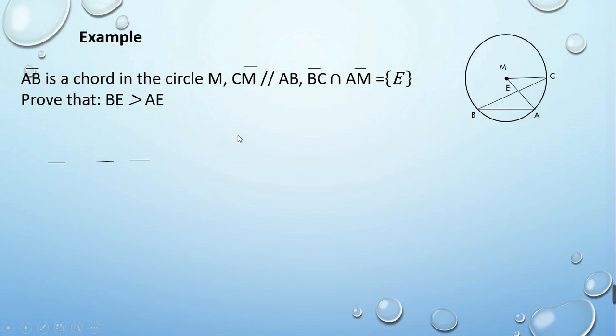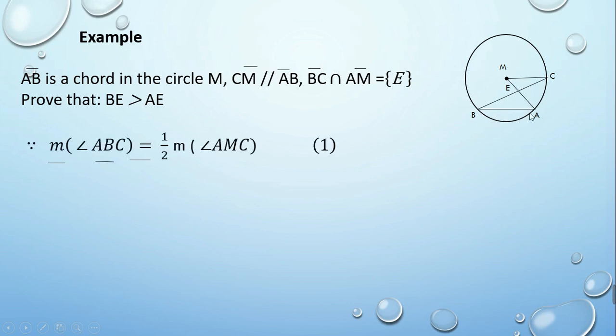We studied the inequality of the lengths of the sides of a triangle in Prep 2. If I have a side greater than another side, I have to prove that the angle opposite this side is greater than the angle opposite the other side. Okay, let's see the proof together.